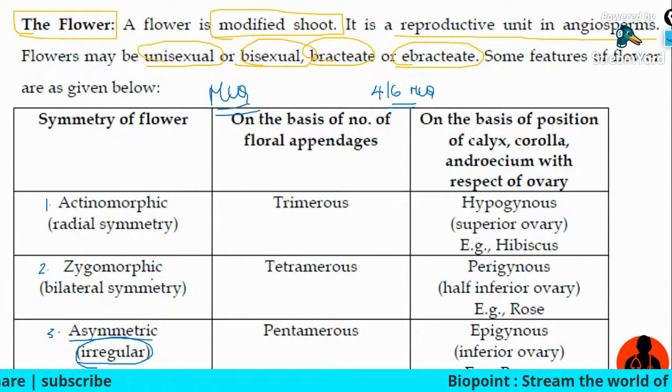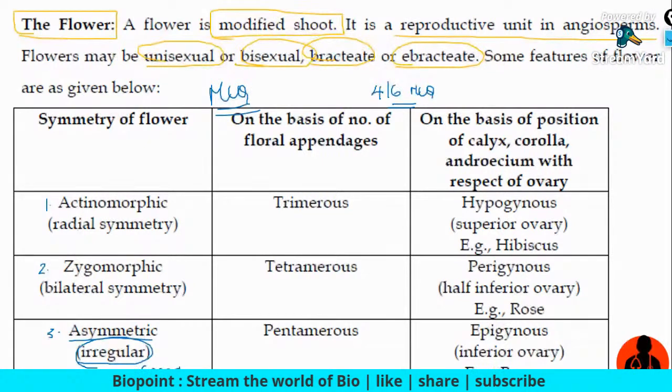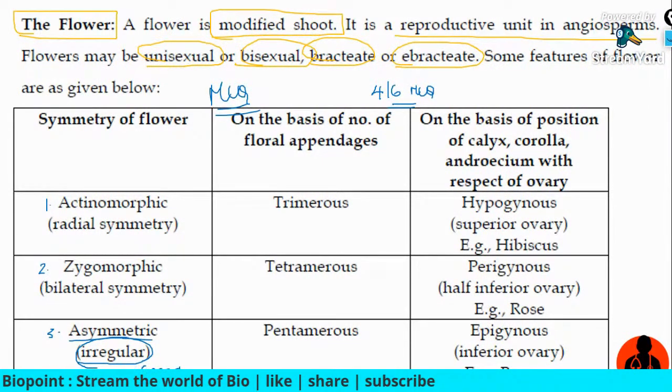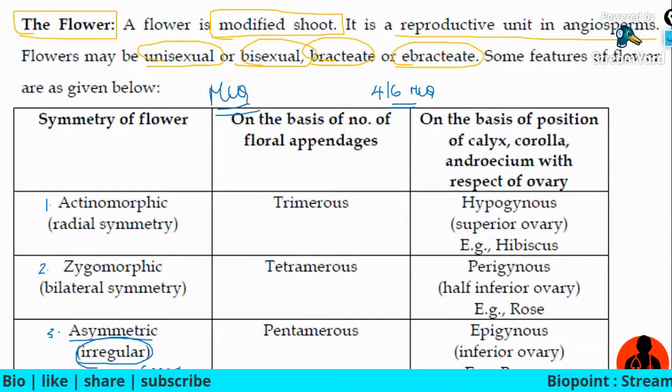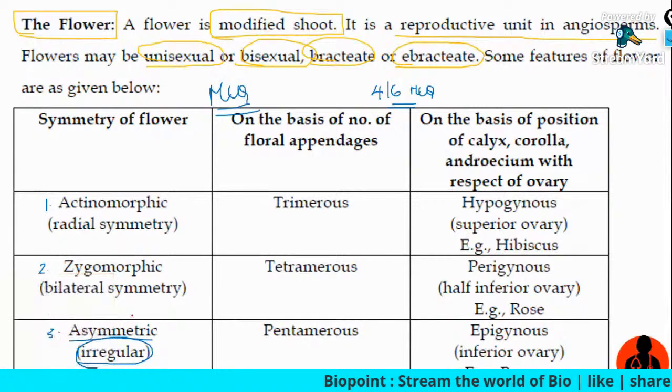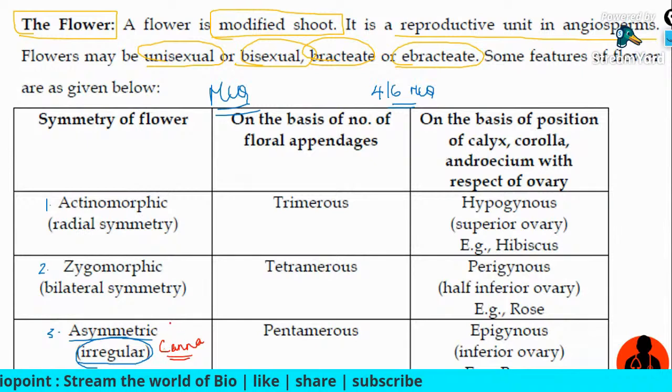So, an asymmetric flower example is canna. C-A-N-N-A. I hope whatever I am writing is clear.